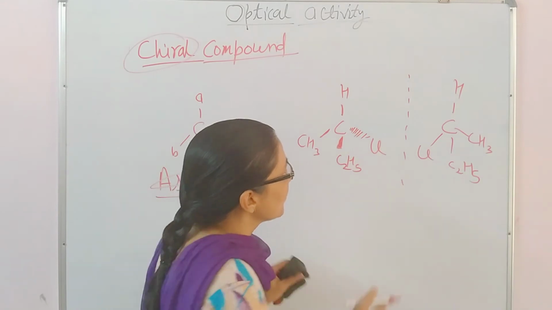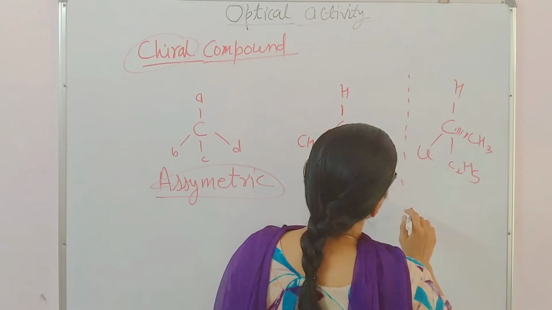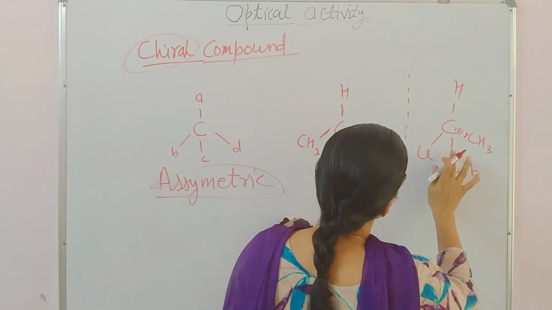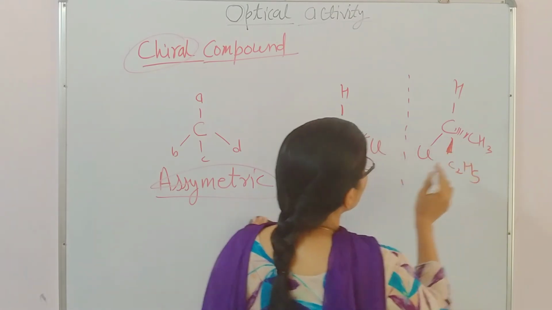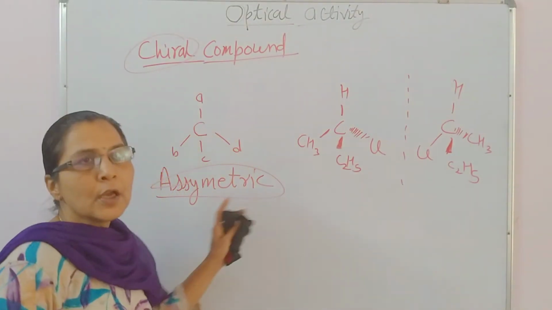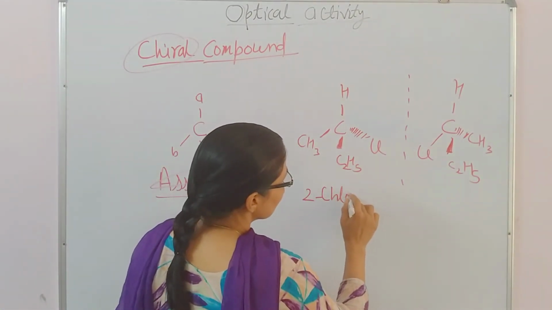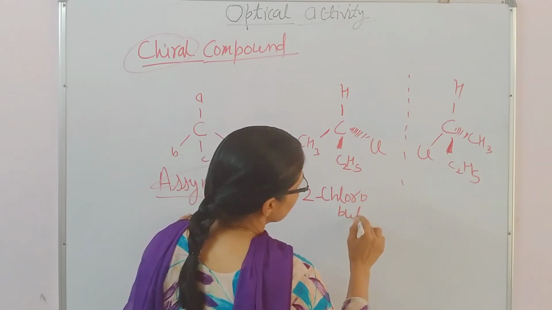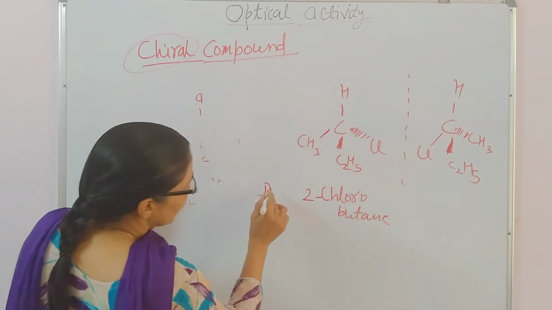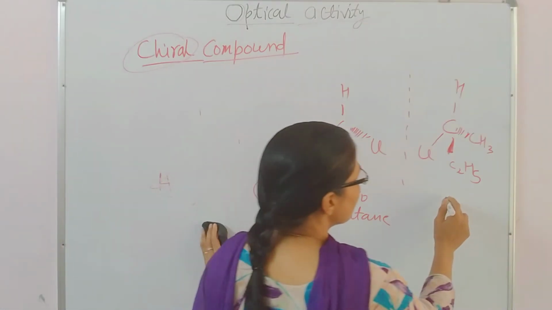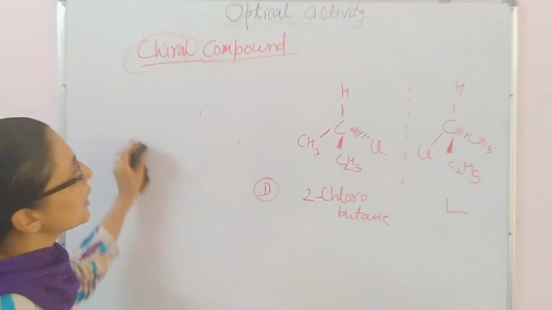In the same manner, the mirror image will form. So here also, these are two non-superimposable mirror images. The compound is 2-chloro-butane. This one is the D compound, and this one is the L compound, L 2-chloro-butane. These two are enantiomers.